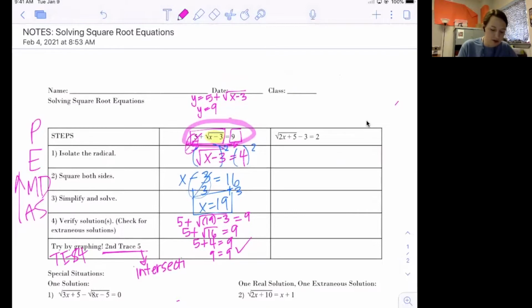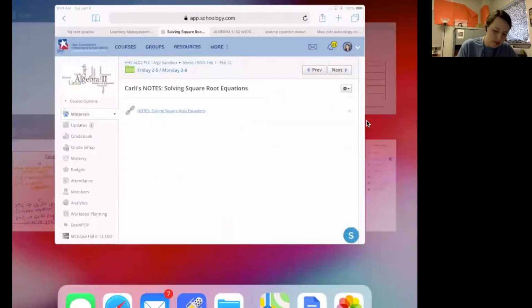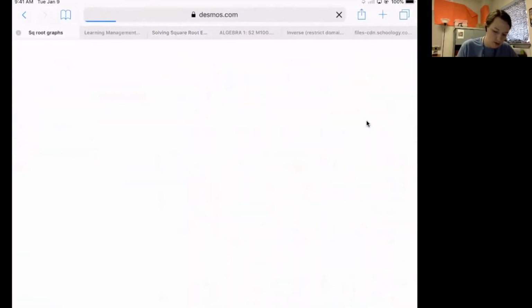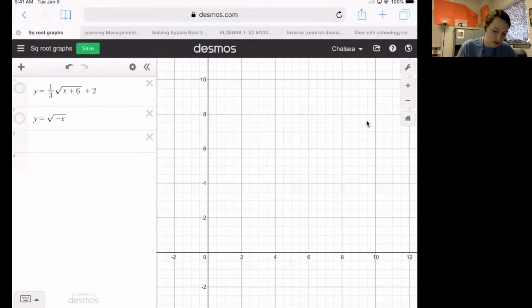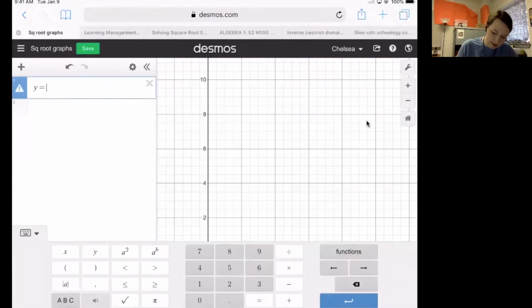Of course, we could also do it on Desmos. I'm going to first type y equals 5 plus square root of x minus 3.